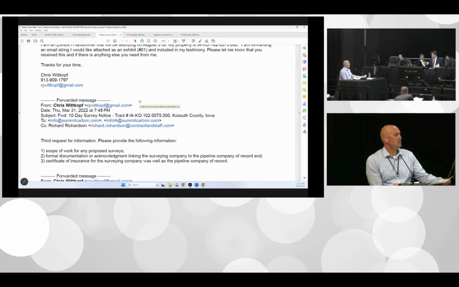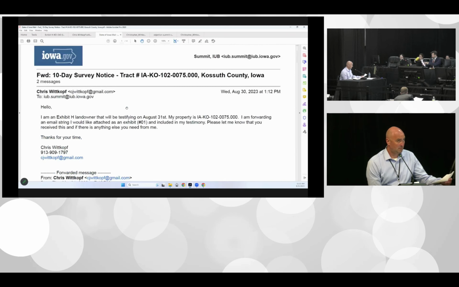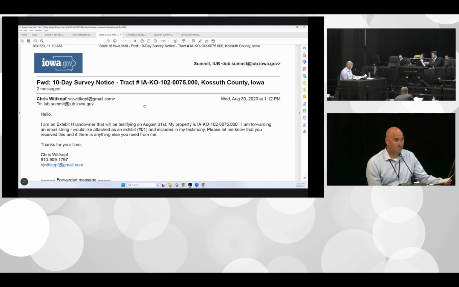And the second exhibit is the one that at the top says forward 10-day survey notice tract Iowa KO 102 00075. Yes, sir. Are there any objections? Seeing none, both exhibits will be admitted as Whitcomb hearing exhibits 1 and 2, respectively.